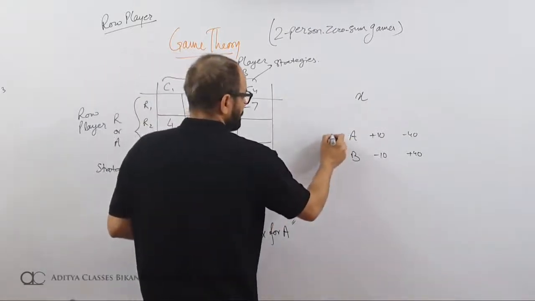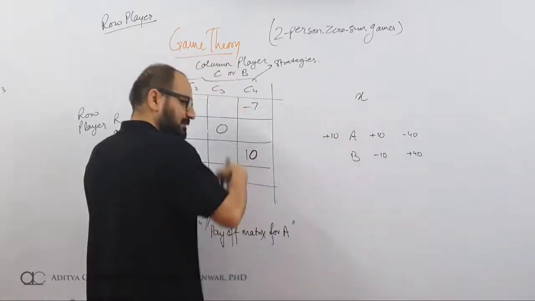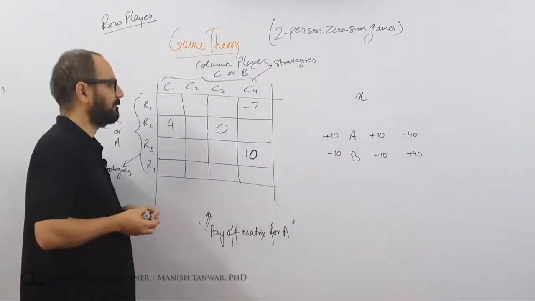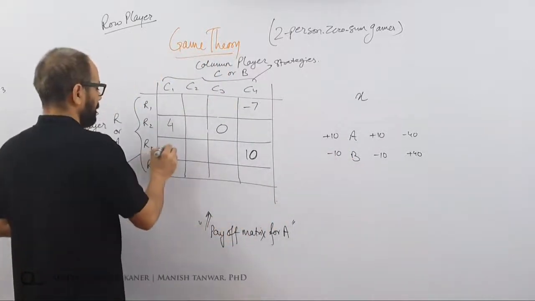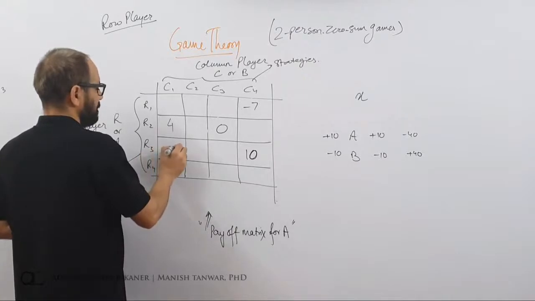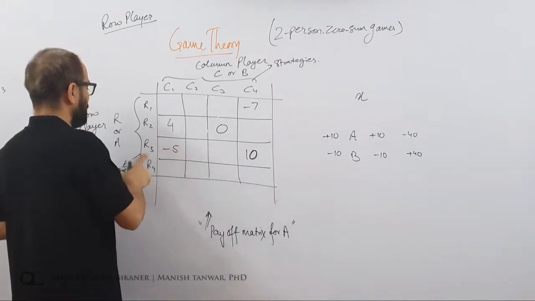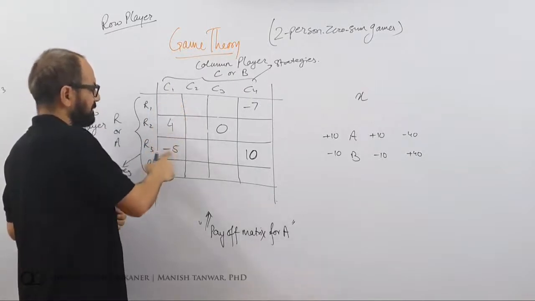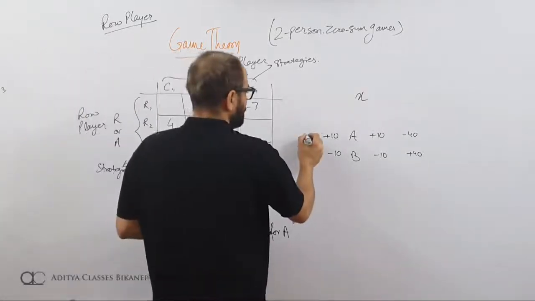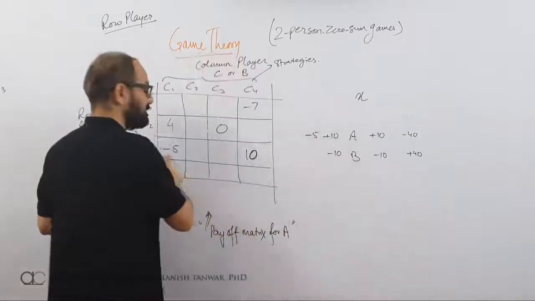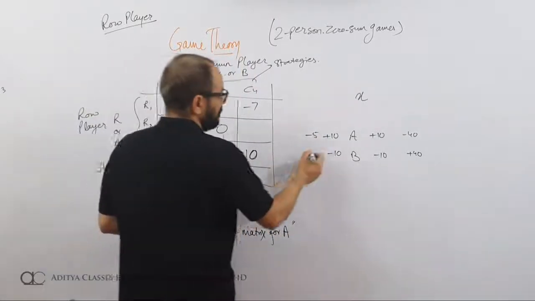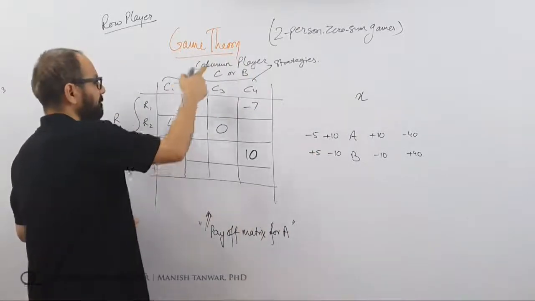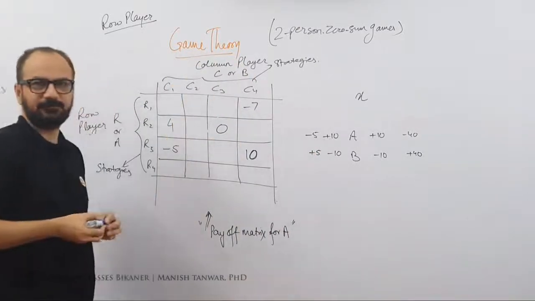For A, it is a +10, and obviously for B, it will be a -10. If we have a -5 over here, it tells that when the row player picks R3 and the column player picks C1, the return for A is -5. There is a loss of 5. So obviously, when A is losing 5, B will be winning 5.